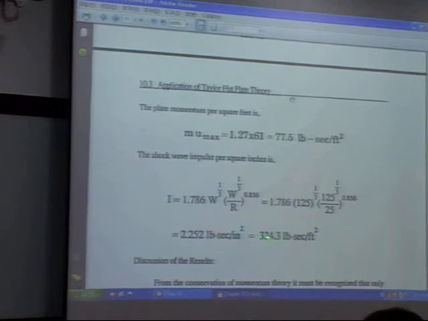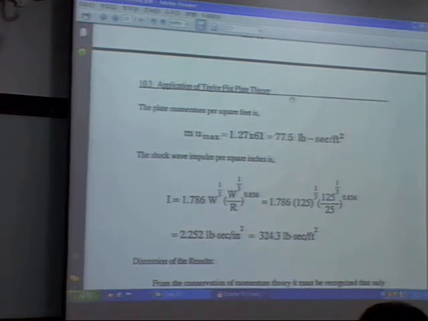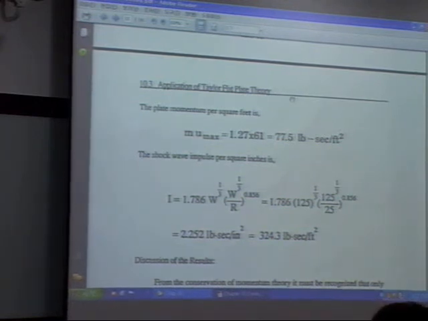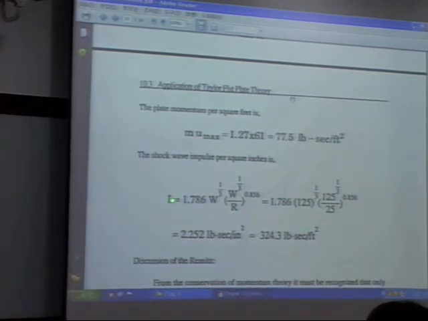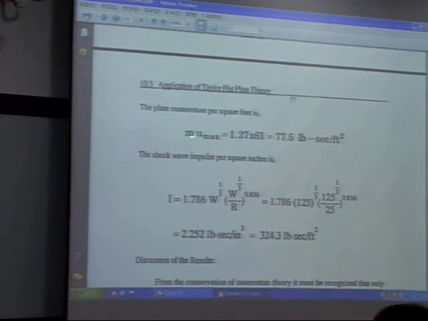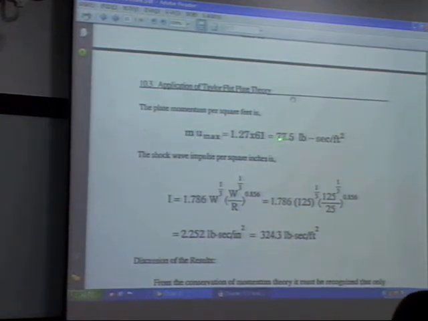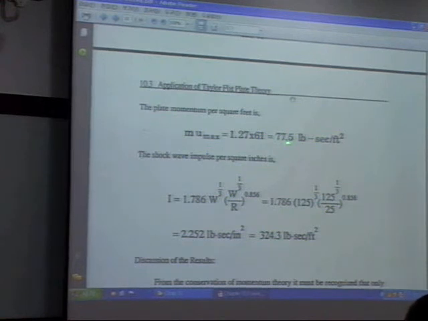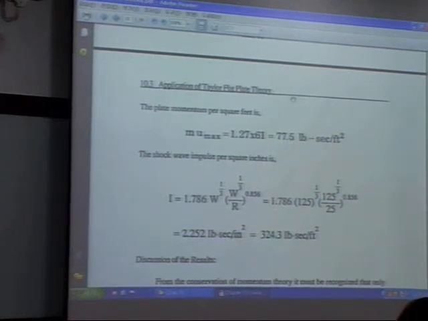This is 324.3. That's the impulse generated by the shock with a certain charge weight and standard distance. That much it generates, but only 77.5 is absorbed by the plate.